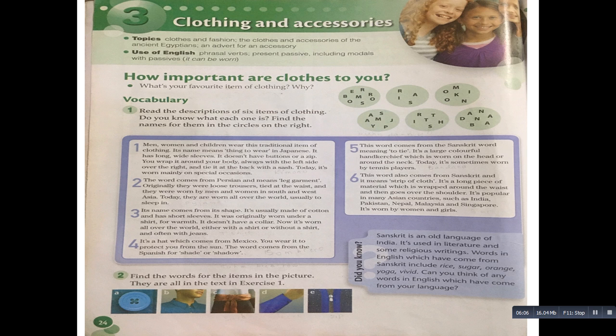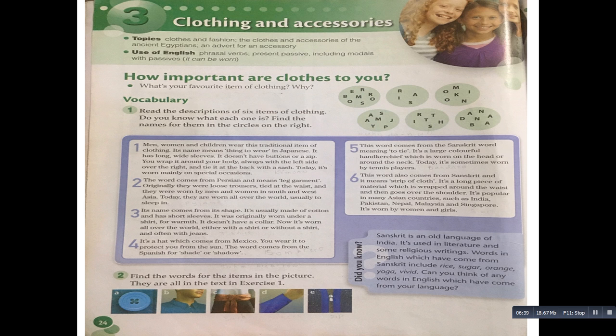Kids, this is a comprehension based activity. You get 6 very tiny paragraphs here. Your task is to read the paragraphs very well. Then, on top of the paragraphs you get 6 circles. Your task is to go through those 6 circles as well. When you look at those circles, you can realize that there's a hidden word inside each circle, but the spelling of this word is jumbled, right?